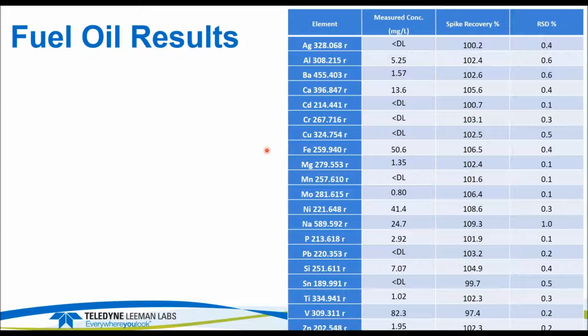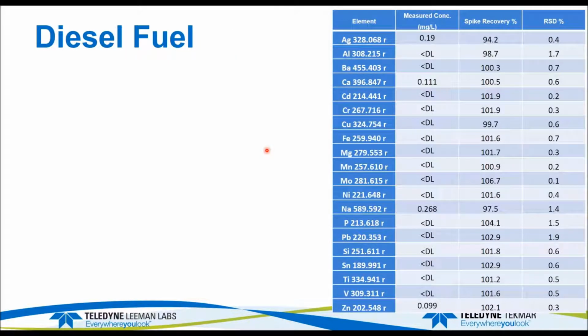Anything that says less than detection limit was below the value on the detection limit screen, so we did not detect some of the elements that were in there. And the diesel fuel, again, is relatively clean stuff. We found a couple of things in there, but again, very good spike recoveries and very good RSDs.